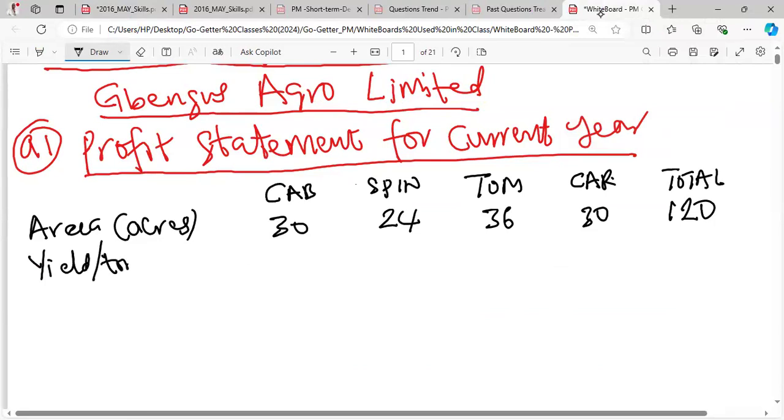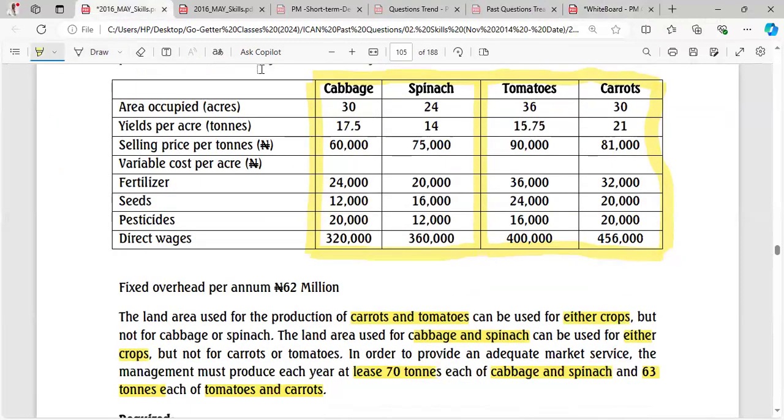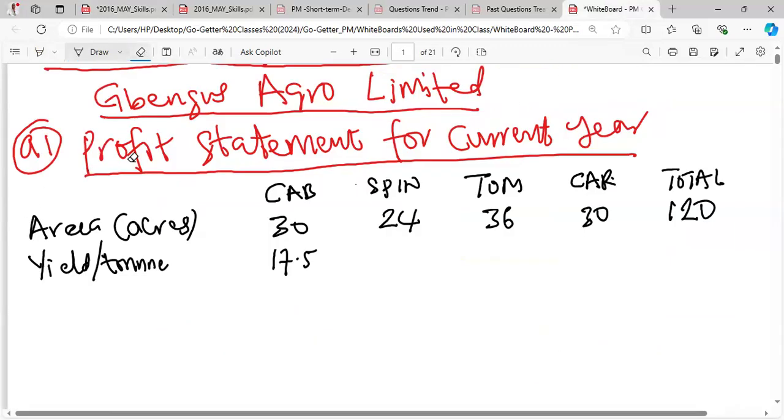Sorry, it's yield per acre. Yield per acre, which will give us in tons.